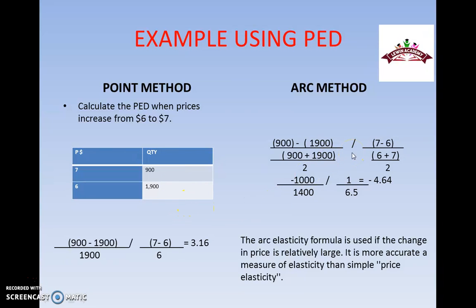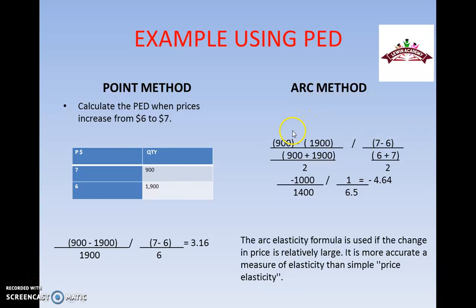Alright, so what if we did the ARC method? What if we wanted a more precise, more accurate figure? You could use the ARC method. Remember, in the ARC method you first find the difference of the quantity, all divided by the average of the quantity. Then we divide that by the change in price divided by the average price.